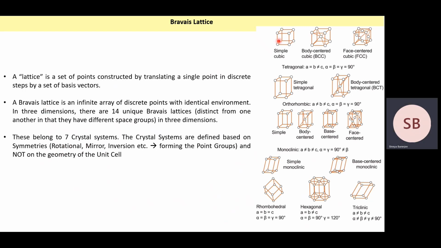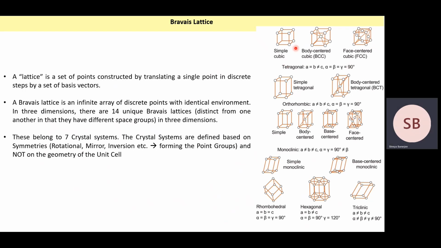So the first crystal system is called cubic. It can be a simple cubic, where there is an atom at each vertex of the cube, or it can be body-centered cubic, that is, there is an atom at the vertex and one atom in the middle of the cube. Or it can be face-centered cubic, that is, there is one atom at each of the vertices and one atom at the middle of each of the 6 faces.